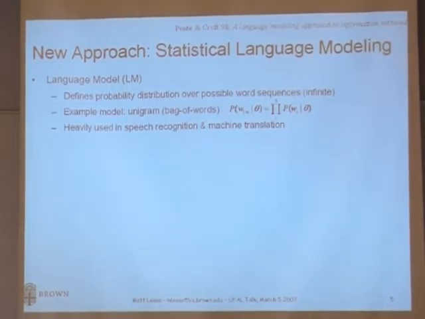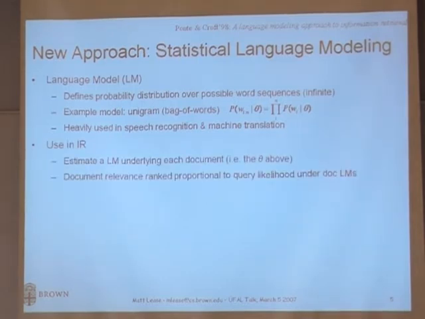Application-wise, language models have been heavily used in speech recognition and machine translation, so there's a lot of theory and methods available for using them today, and I'll come back to this in a little bit. In terms of information retrieval, what we want to do is estimate a language model underlying each of the documents in the collection.